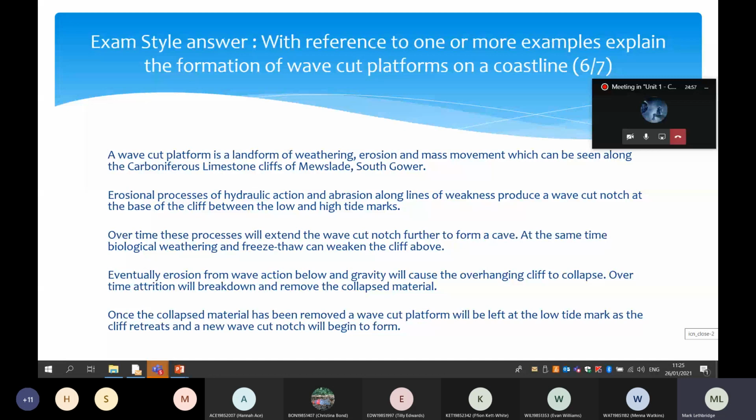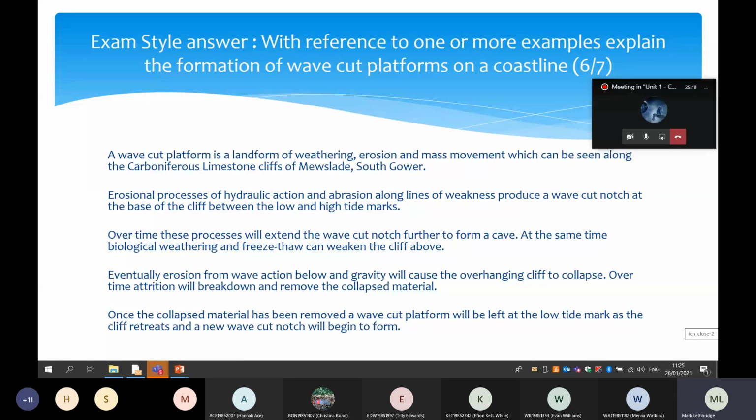Now, this is part of the reason why a lot of what we do is going to be based around the Gower, because that way you only really have to remember a couple different types of rock. The Carboniferous limestone and the millstone grit are the only two rocks that you actually need to remember. The hardest bit is remembering which way round they are.